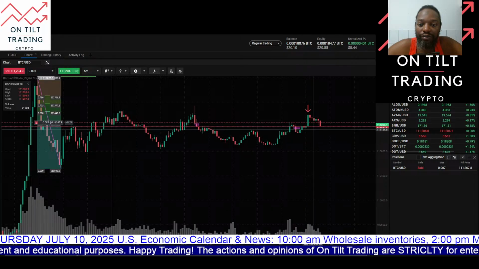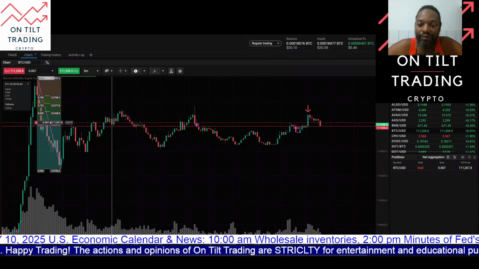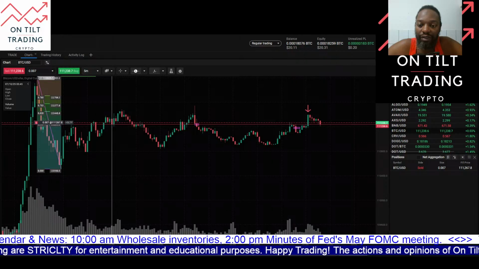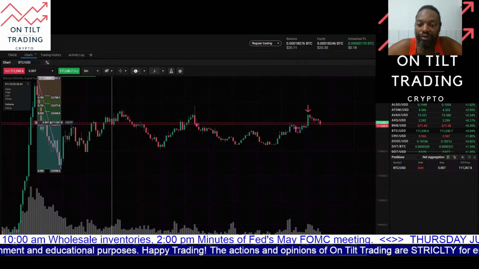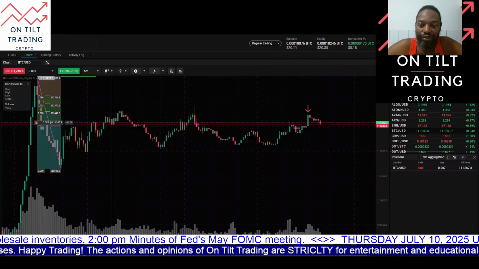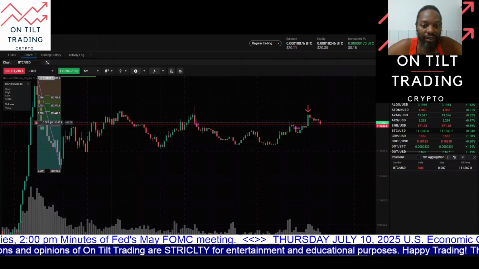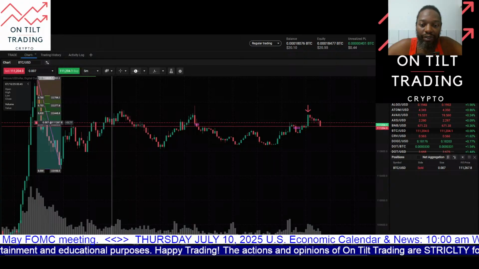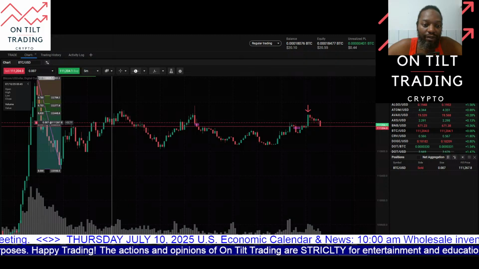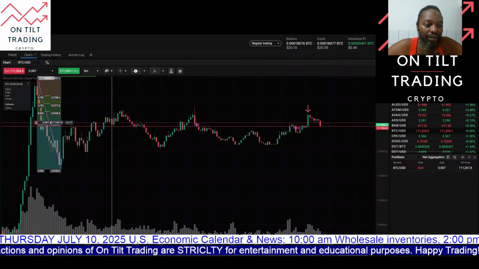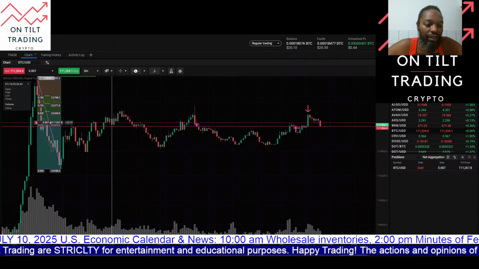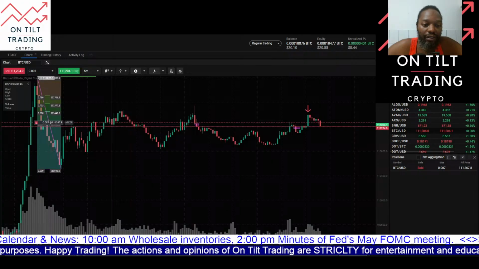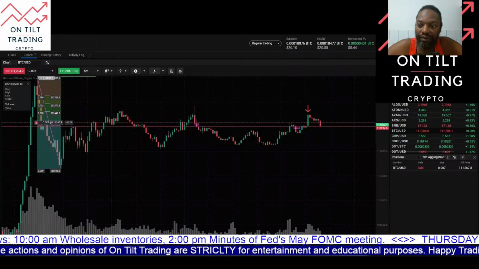So if price can close below that level, then there would be a market structure shift here and a potential for price action to trade back to the short side and potentially sweep out this sell side liquidity here, and eventually and ideally here, sweeping out these sell side delivery areas.